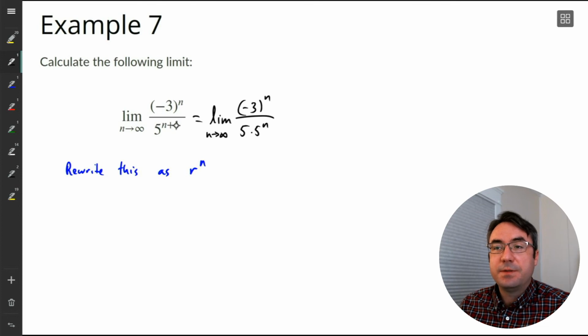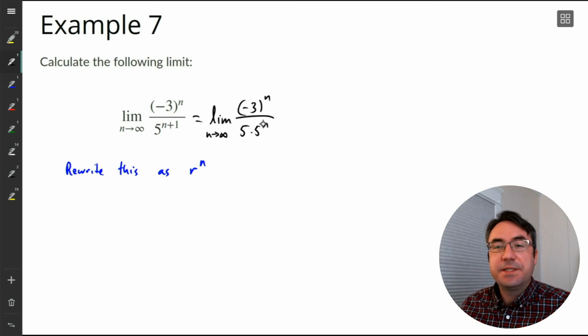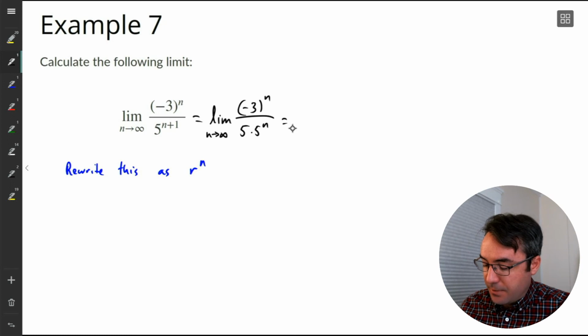So we've taken that extra plus 1 in our exponent and broken it off, and it becomes 5 raised to the power 1 times 5 to the power n. All right, so once we do that, let's really separate this thing now. So let's really write this.